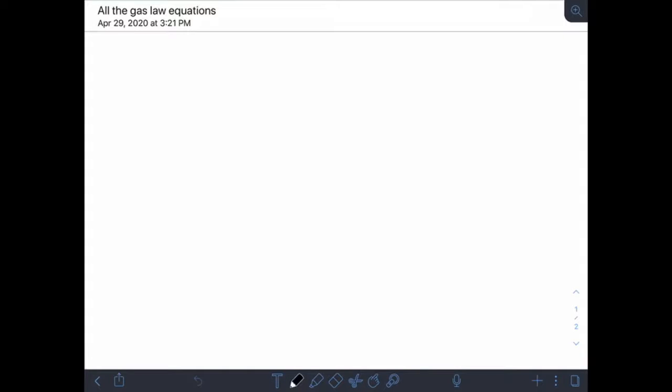Okay, everybody, this is meant to be a consolidation of all of the equations that you're likely to encounter doing gas law problems. As I go through the lecture, it might be easy to lose track of where those individual equations are. So I wanted to give you a consolidated list.